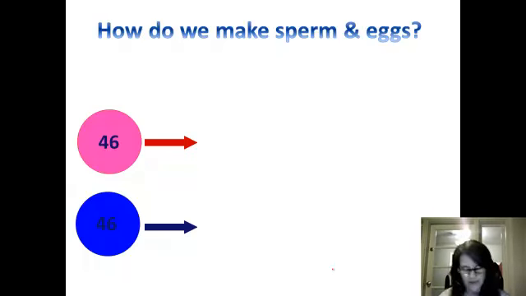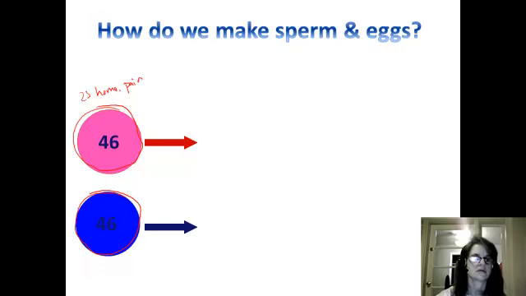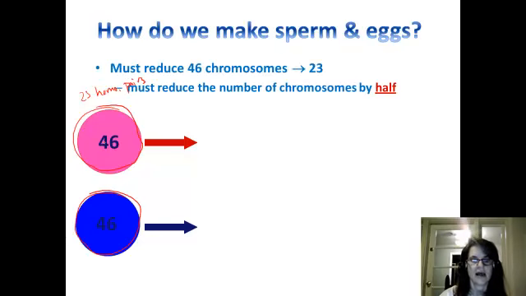Now, let's go on with our talk of meiosis. How do we make sperm and egg? Well, in the ovaries or testes, there are normal body cells that have 46 chromosomes, 23 homologous pairs. If we want to make sperm or egg from these, we have to cut that chromosome number in half.